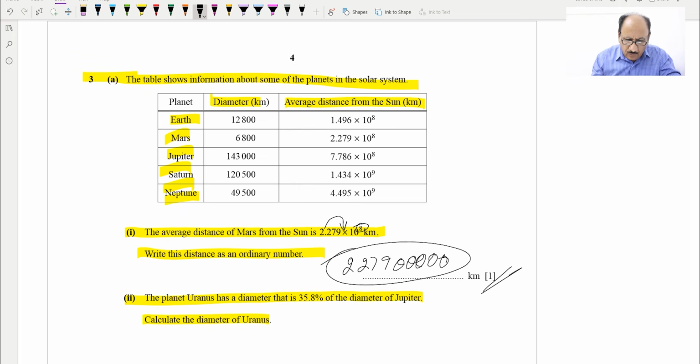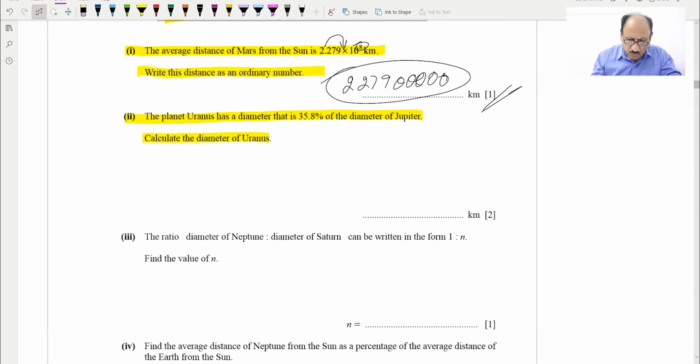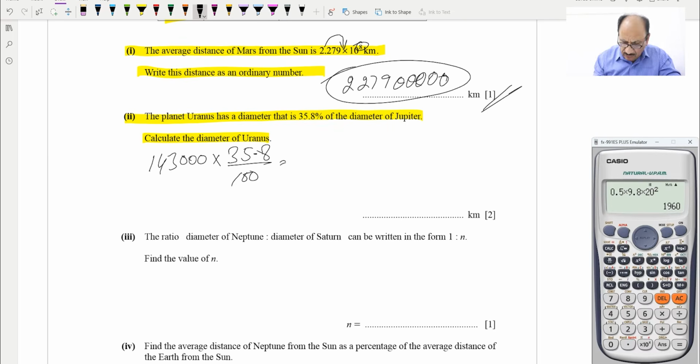Jupiter's diameter is this one, 143,000, and we need to take 35.8% of this. 35.8% of this will be giving us the answer.